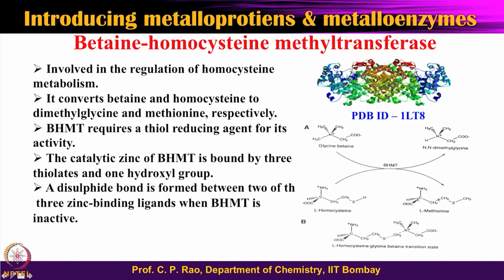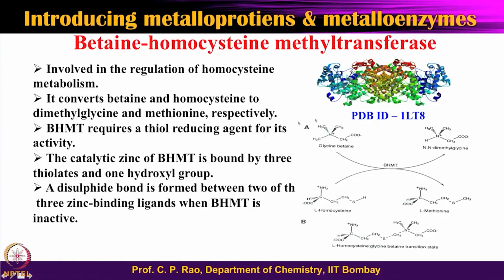So, what is the difference between homocysteine and methionine? One of the methyl groups is going onto the sulfur. Cysteine is SH, methionine is SMe, keep that in mind. So, you are basically transferring one of the methyl groups over there.